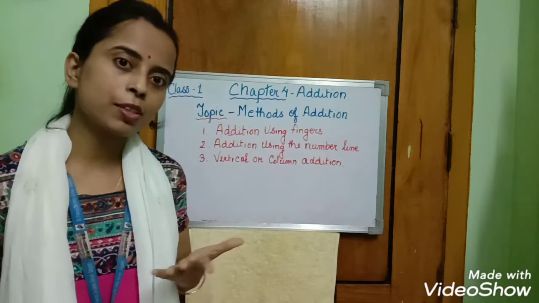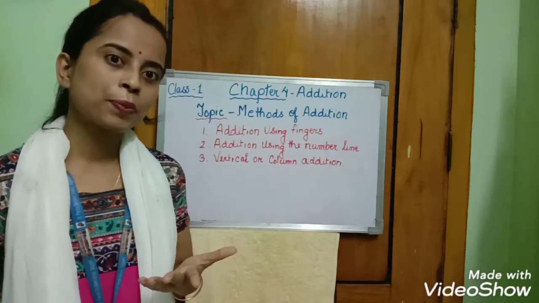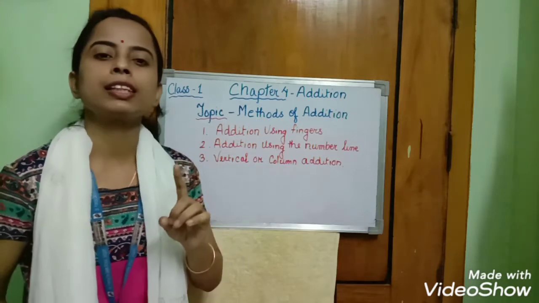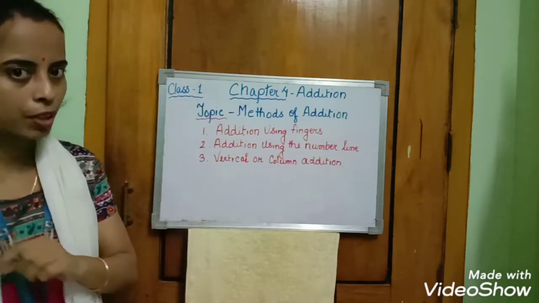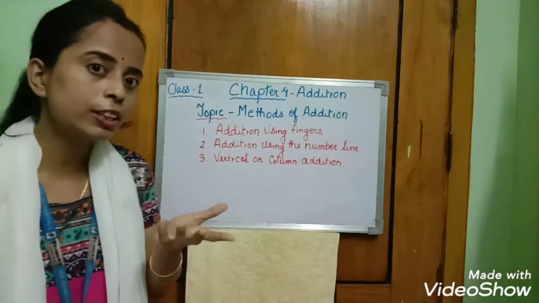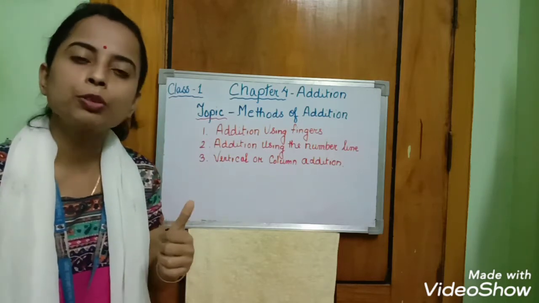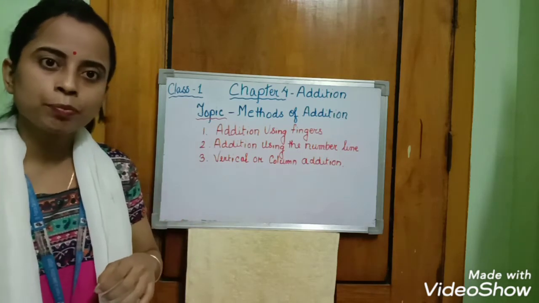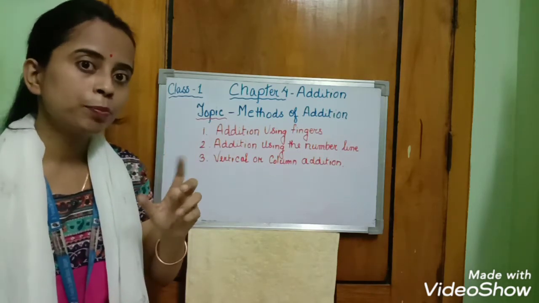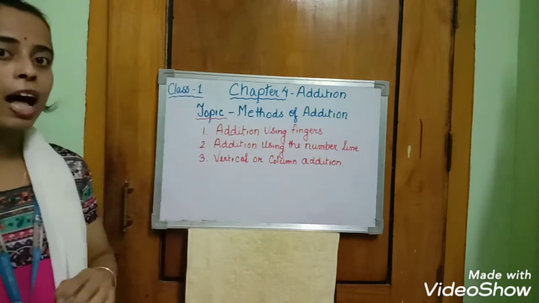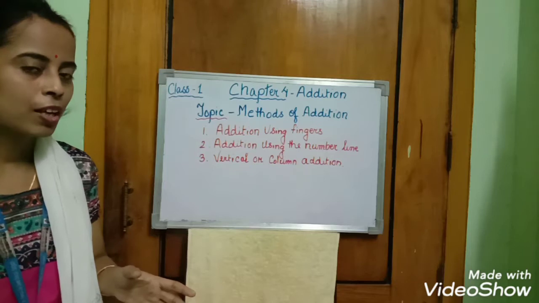In the last two classes I started chapter number 4, that is addition. We learned the terms of addition, how to add single digit numbers, and I showed you how to add two-digit numbers. I hope all of you have practiced.